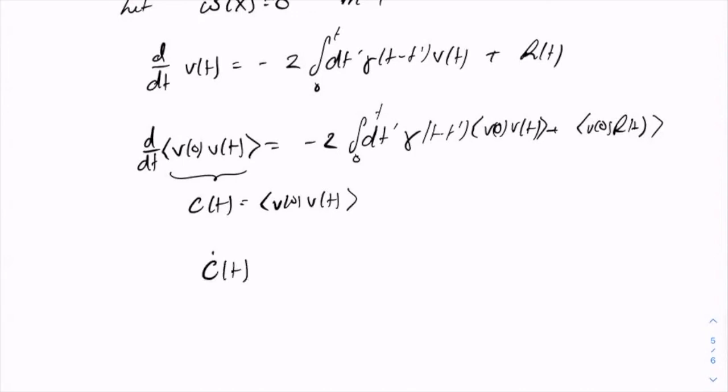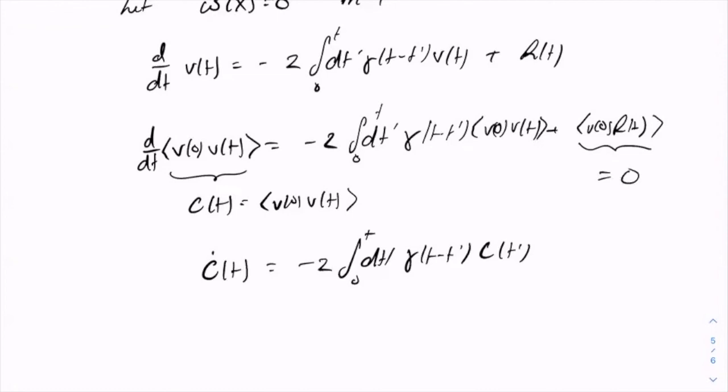the rate of change of that velocity autocorrelation function is equal to minus 2 this convolution of the friction kernel with that correlation function. And this quantity here, the average of V with that random force in the future, is identically 0.